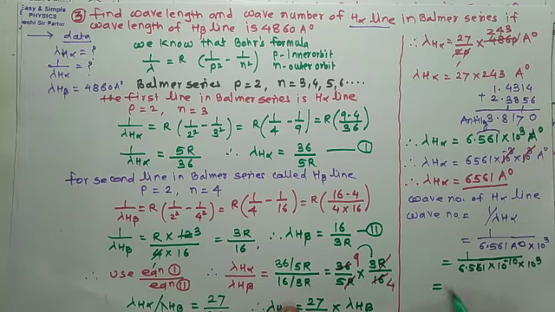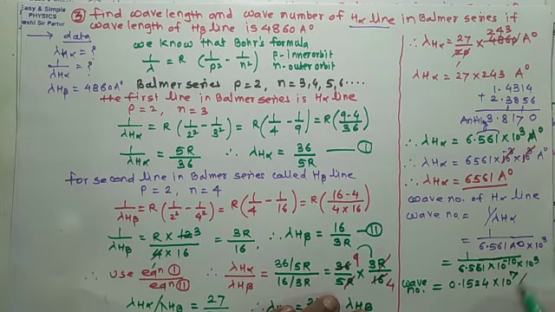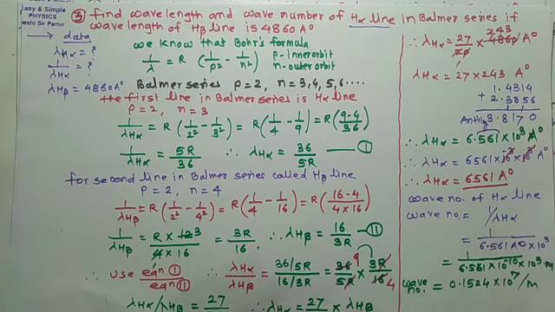Its reciprocal, the wave number, will be 0.1524 into 10 to the power 7 per meter, because here the angstrom unit is converted to meter.